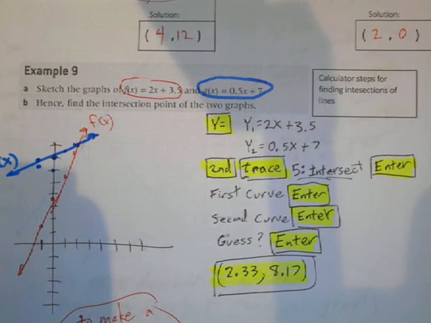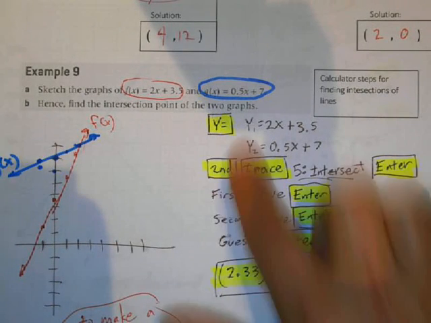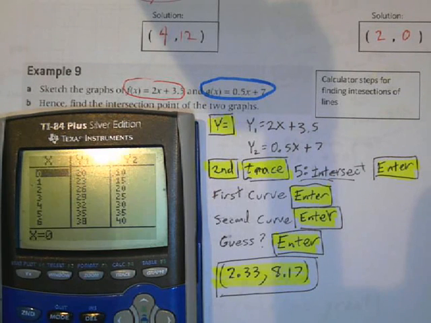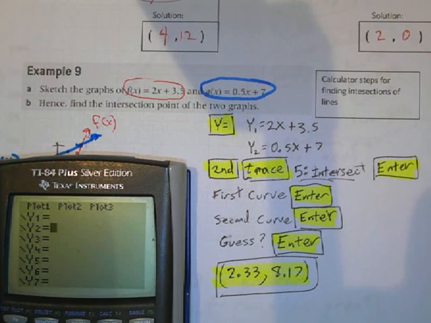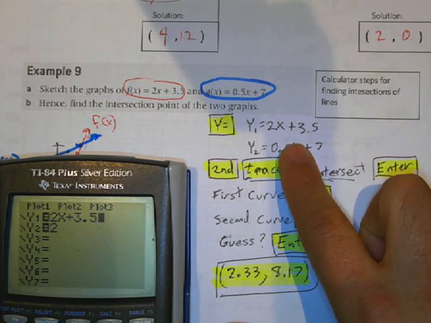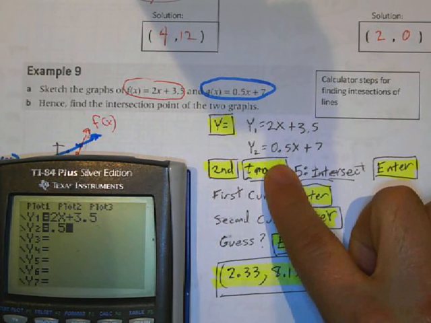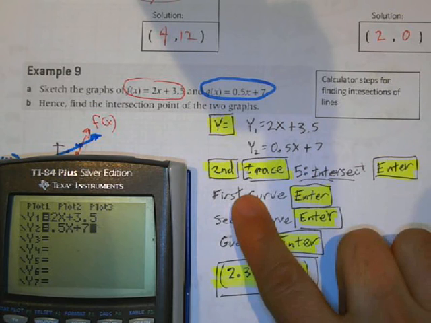And so how do I graph this using a calculator? So the first thing I do is I hit y equals, and I type in those equations. I'm going to type in 2x plus 3.5, and the other one I'm going to type in 0.5x plus 7, and then I'm going to hit second trace.